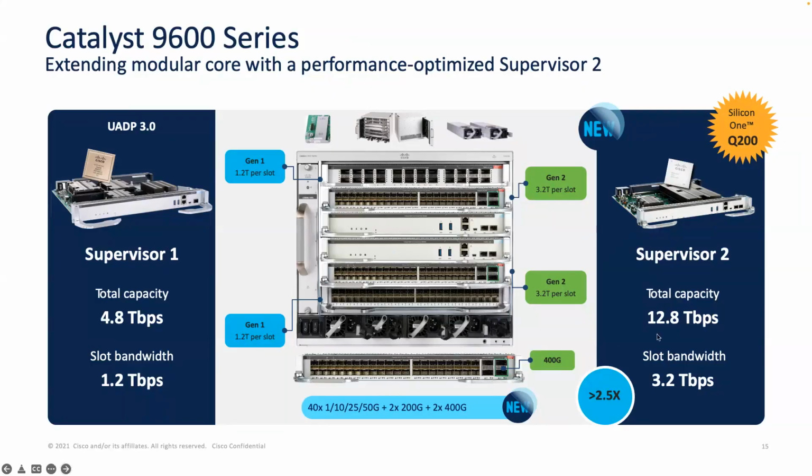The supervisor 2 is the latest version engine with the Silicon One ASIC and can support 3.2 terabit switching capacity per slot, which means, with 4 forwarding LAN card slots in this chassis, the supervisor 2 can provide a total capacity of 12.8 terabit per second.